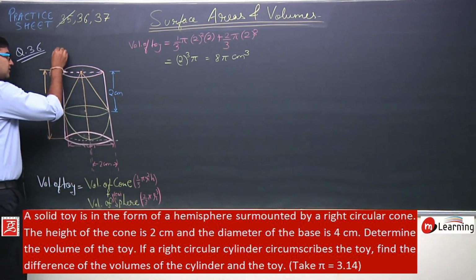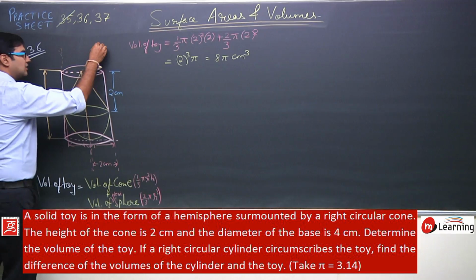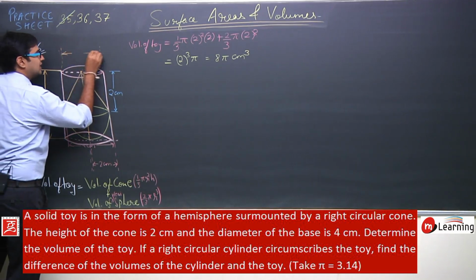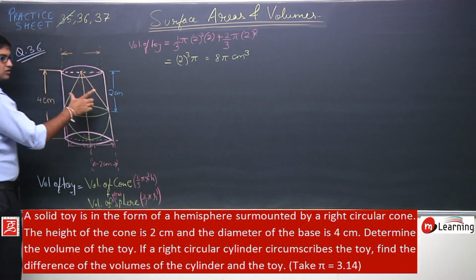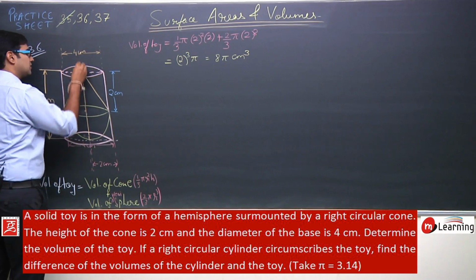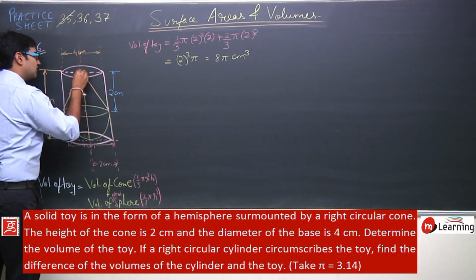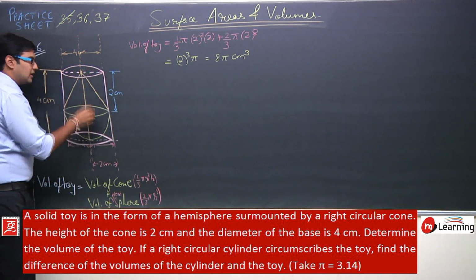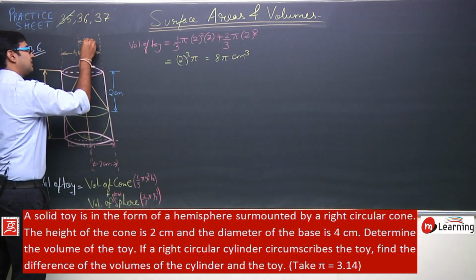So that means the width of the cylinder, or the diameter of the cylinder, is definitely 4 centimeters. So the radius of the cylinder will be the same as that of this toy, that is 2 centimeters.